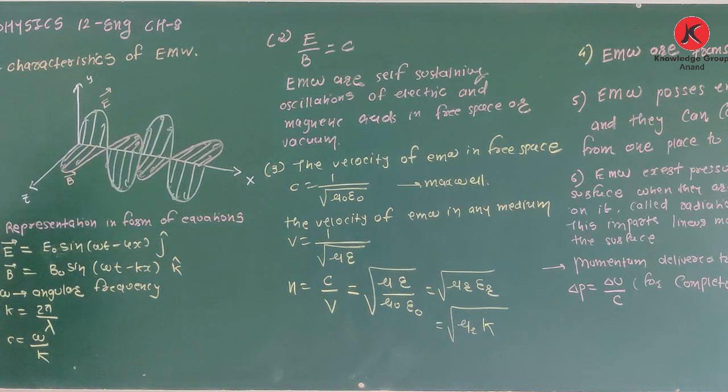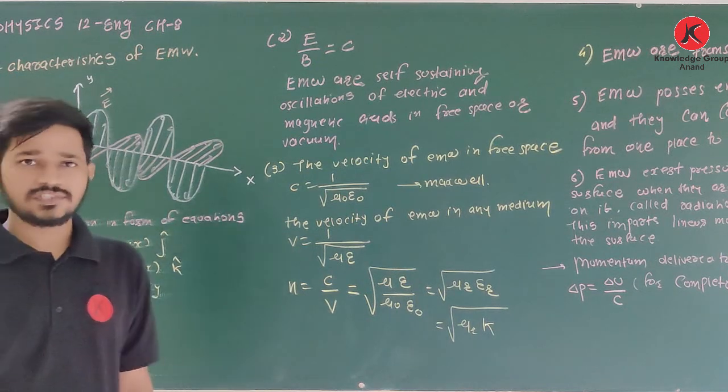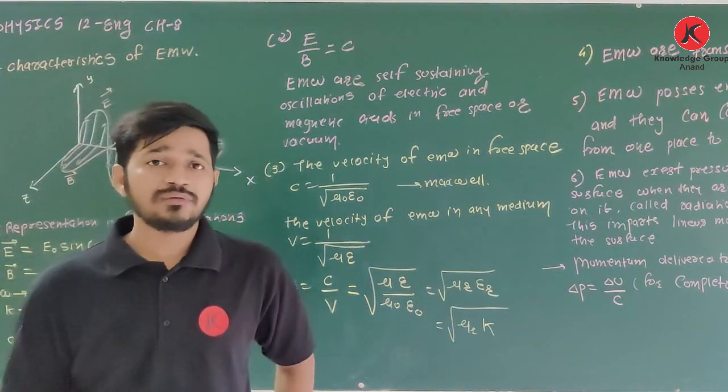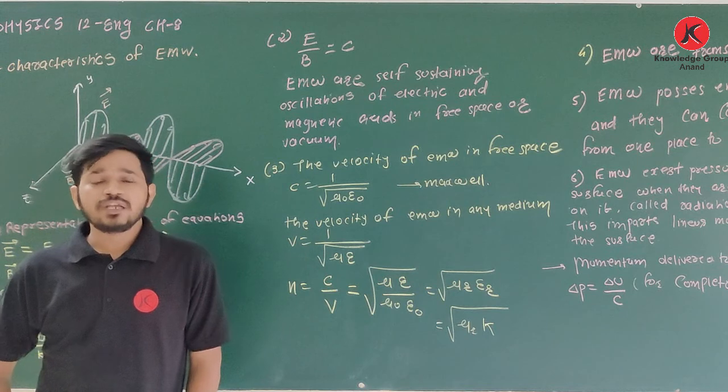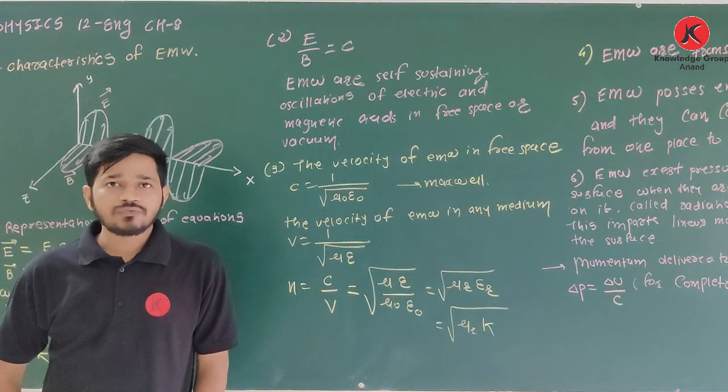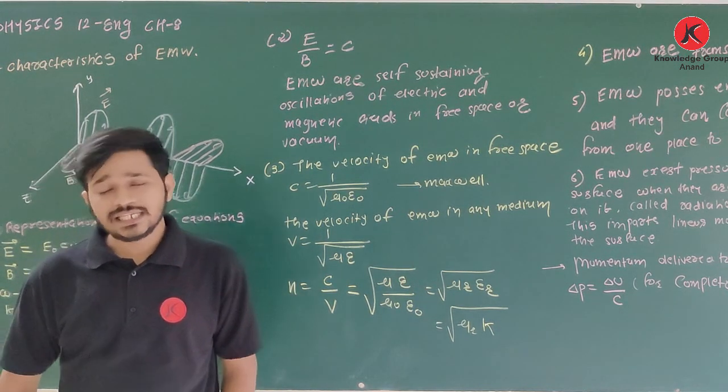First one is representation in the form of equations. Wave, in 11th we have discussed. A wave equation gives the displacement of any particle at a distance x at time t.